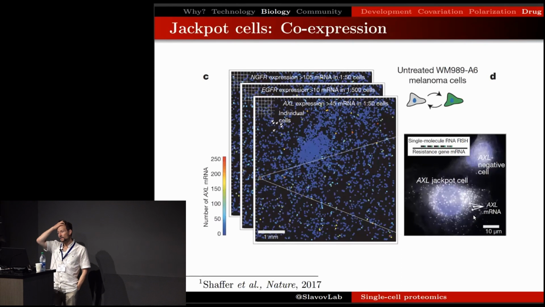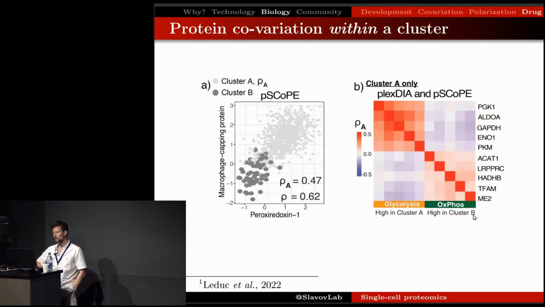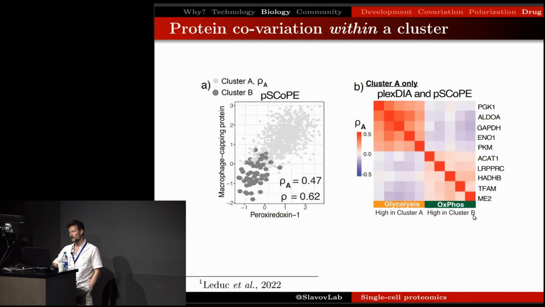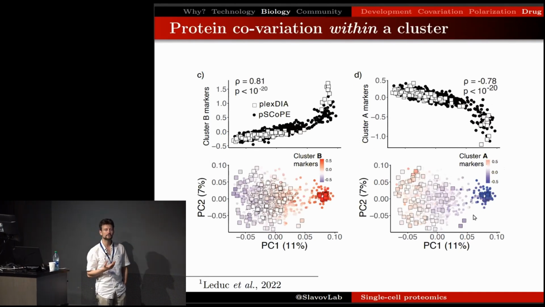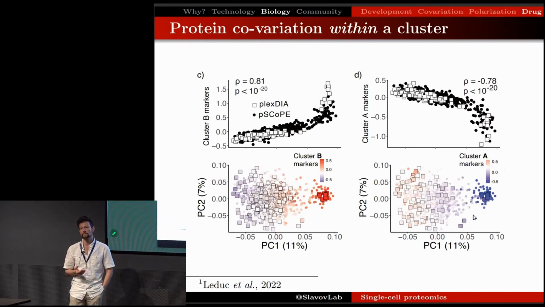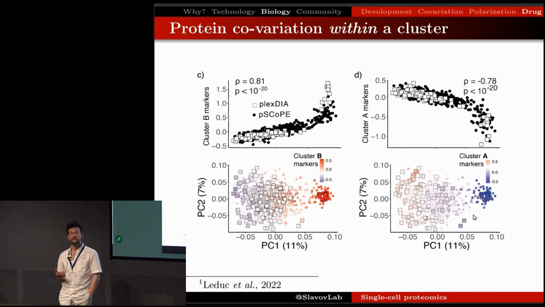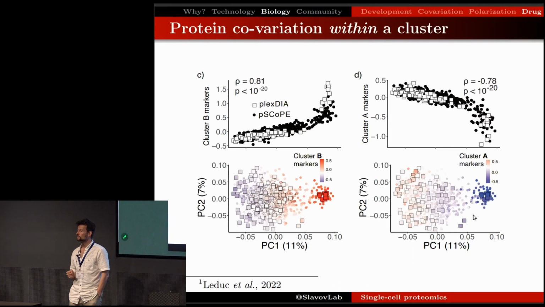Then we could go back to the jackpot cell co-expression and look at co-expression of proteins in those cells. From this analysis, as I already mentioned previously, we identified different functional sets of proteins. What gave us particular confidence in those results is the fact that we could plot the results from PLEX-DIA and prioritized SCoPE measurements on top of each other, and they very nicely lined up.